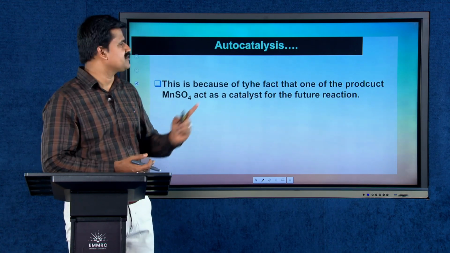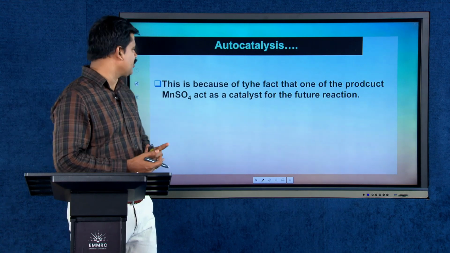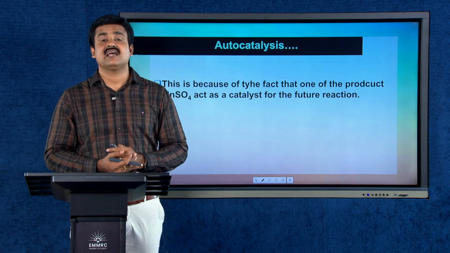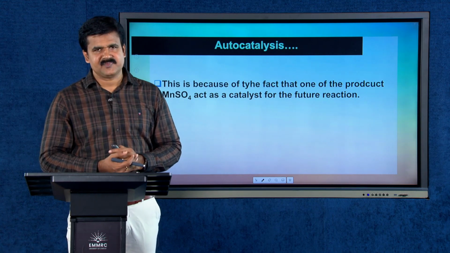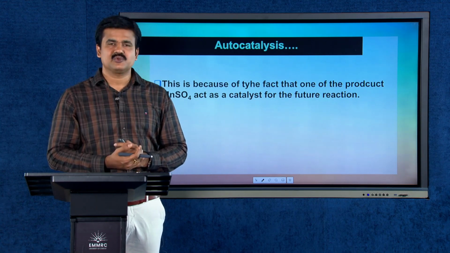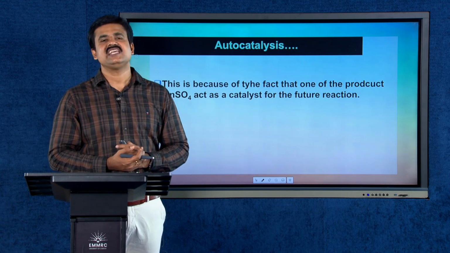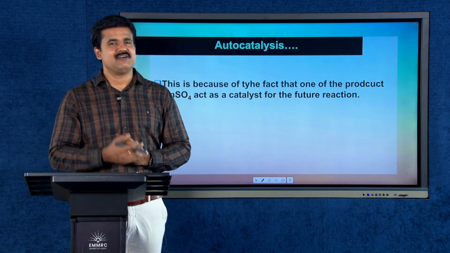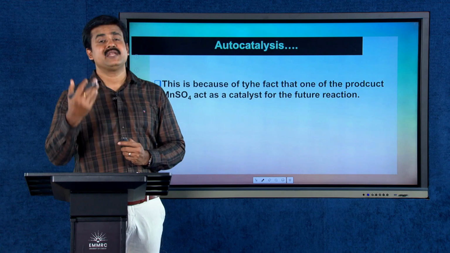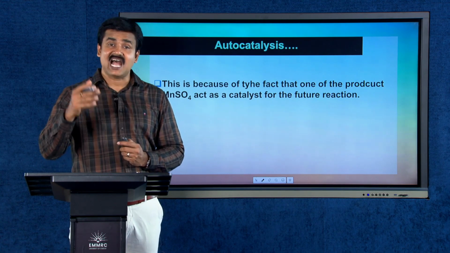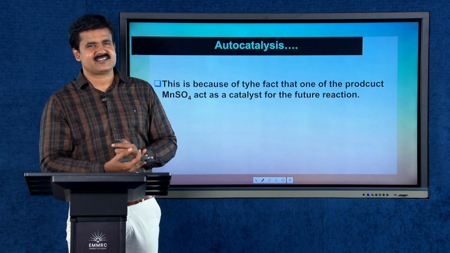This is because one of the products, MnSO4, that is manganese sulfate, acts as a catalyst for the future reaction. In the previous slide, I showed you that one product is MnSO4, and initially MnSO4 is not produced. After some time, some quantity of MnSO4 is produced in the reaction medium, and that MnSO4 acts as a catalyst for the future reaction.